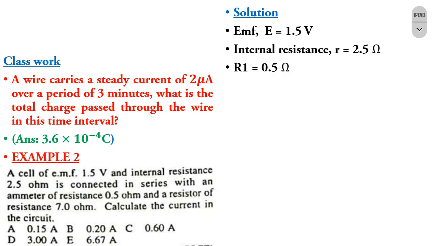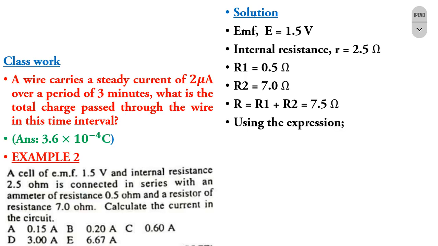So I just take this as R1 equals 0.5 ohms, R2 equals 7 ohms, and from the question they were connected in series. So I just went ahead to add the two together. When you do that, 7.5 ohms is the equivalent resistance, so that will give us a single R.